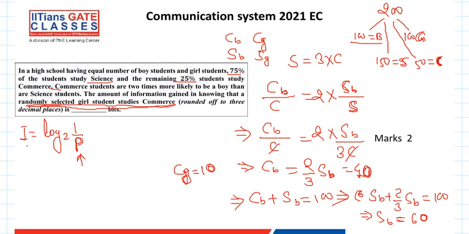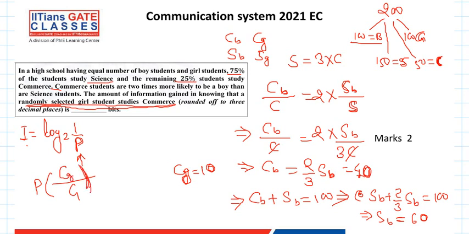So we need to find the amount of information gained in knowing that the randomly selected girl student studies commerce. This is what we need to find out.